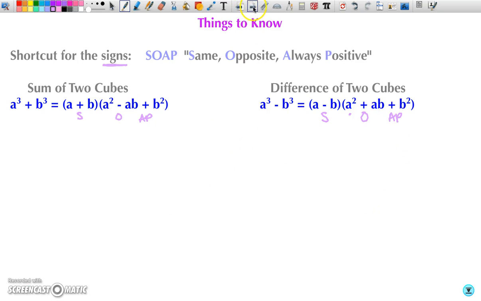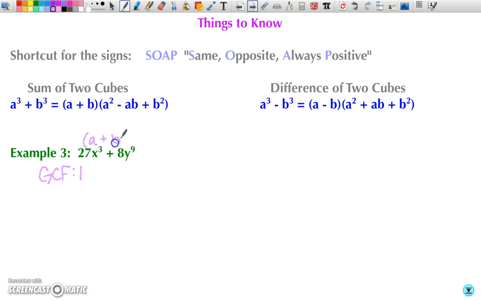Okay, so we're going to use those templates and kind of fill everything in. So again, first thing is always to look and see what the GCF is. In this case, our GCF is 1, so we can't take anything out to begin with. So what I'm going to do is jump right into the fact that this right here is an a plus b, or a cubed plus b cubed.